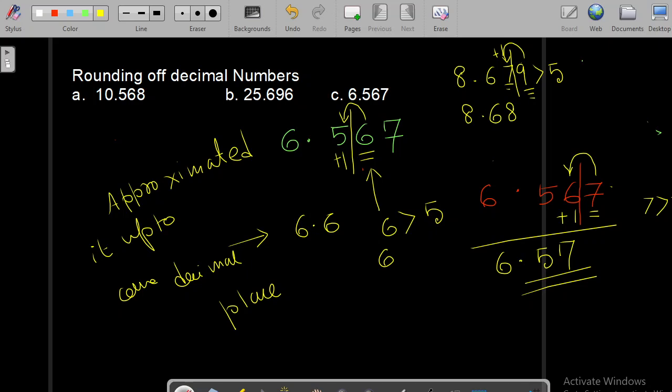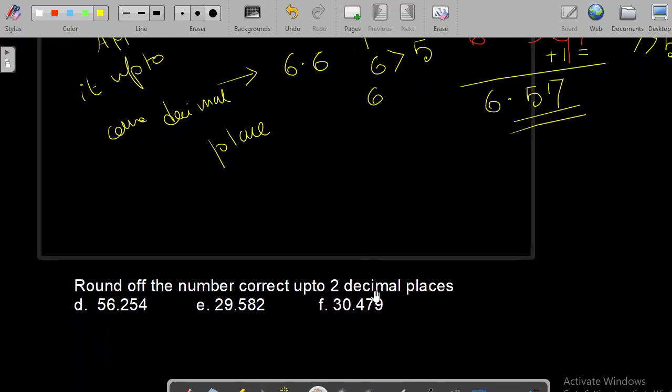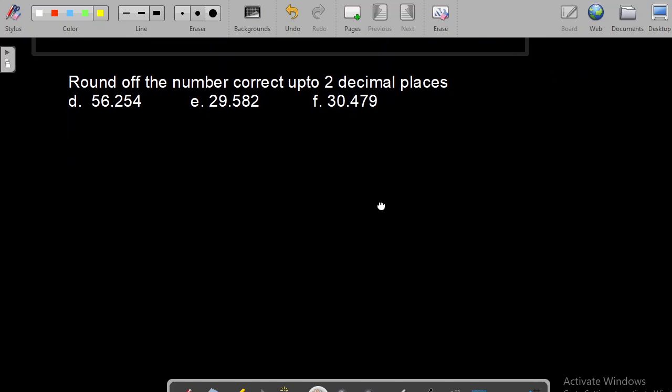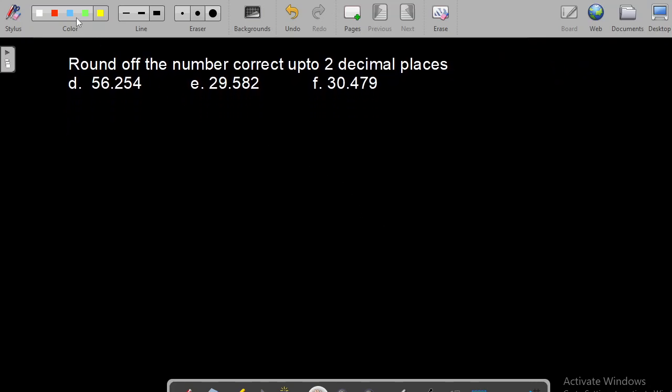Proceeding, now let us go to the second case. What if the digit is less than 5? I mean the number, let us elaborate with the help of the first number. First number is 56.254.